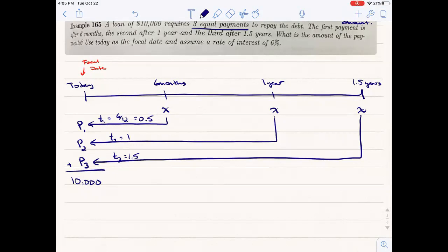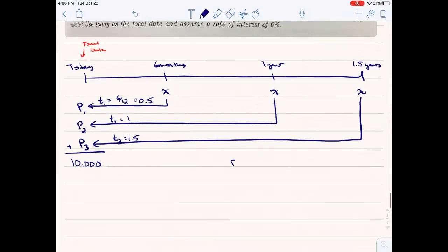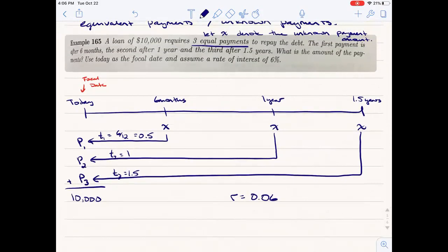And then the last thing that we're going to do: remember, the last problem we put R on each of these arrows? We don't have to do that because R is the same for all of these. So I'm going to say that R is 0.06, because we assume a rate of interest of 6% for all of these calculations.